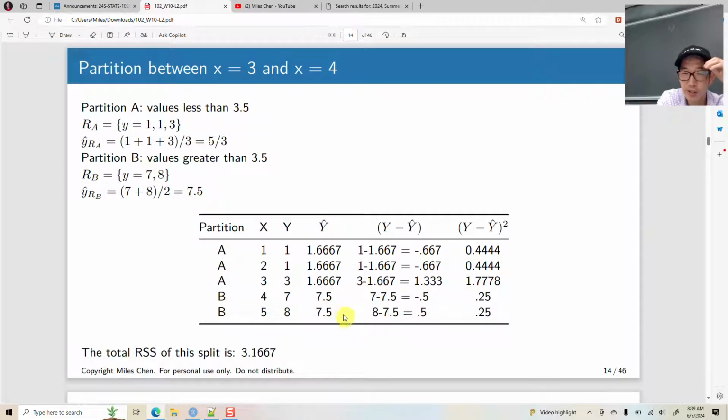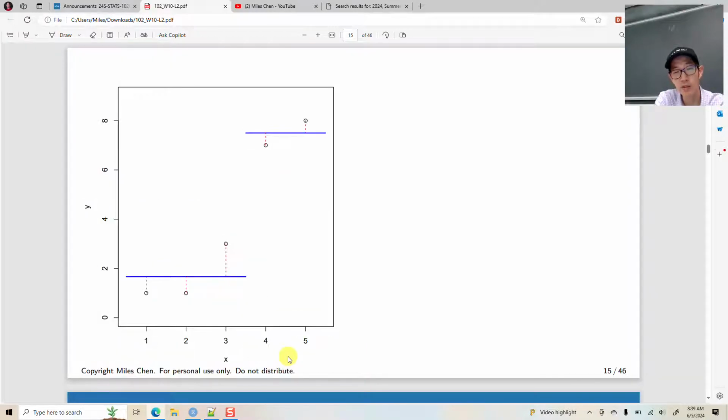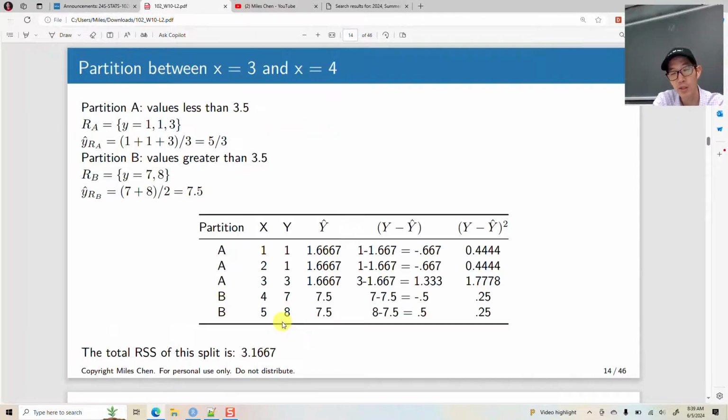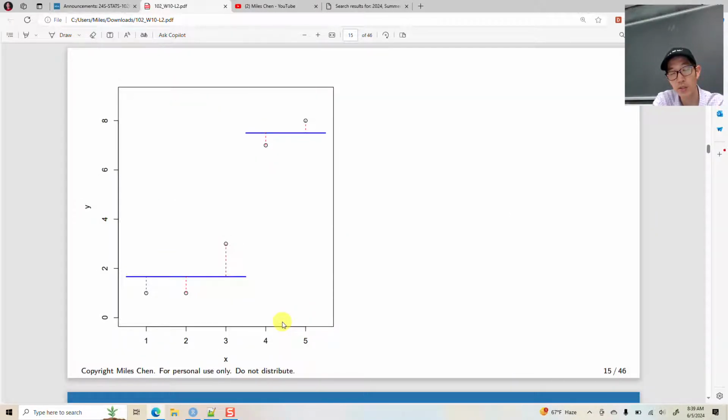Over here, my y hat between 7 and 8, the mean, is 7.5, and so my squared residuals are 0.25 and 0.25. When you add everything up, the total RSS there is 3.1667.